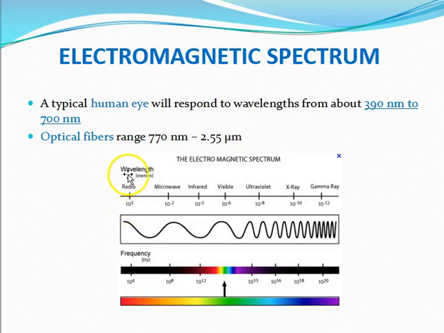A typical human eye will respond to wavelengths from about 390 nanometer to 700 nanometer, and optical fibers range from 770 nanometer to 2.55 micrometer.